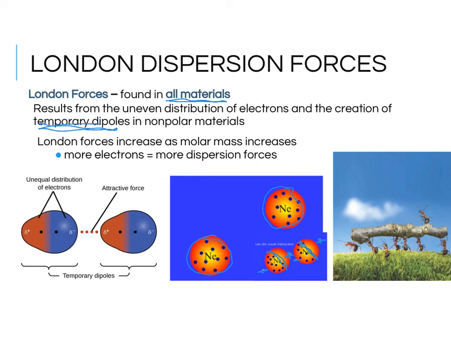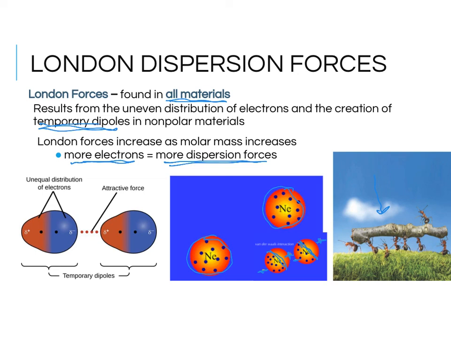One of the things that we know about this is that if we have more electrons, if we have bigger molecules, we're going to see more of these dispersion forces. I like to think of it almost like ants. I got this weird picture of ants on here. With two atoms, dispersion forces are not going to be a big deal. But when we have tons of atoms, just like these little ants trying to carry this stick that is way too big for them, if they all work together, now they can carry it.